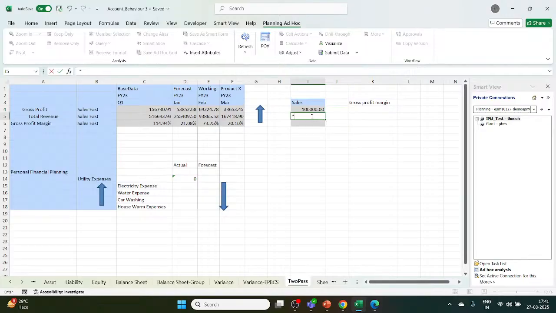So it's multiplied by the percentage gross profit margin. Like 30% is our gross profit margin, then the value which would arrive is on the basis of our two pass calculation.